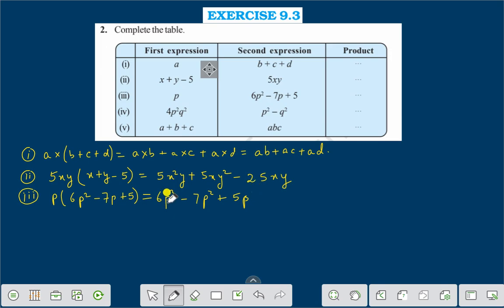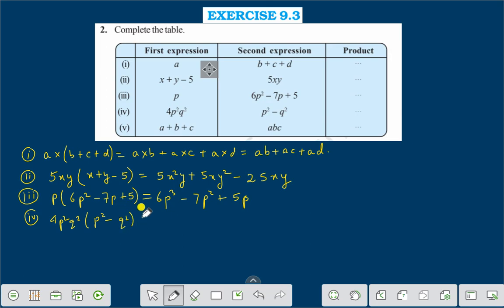We'll solve question number 4. Question number 4 here you see is 4 p square q square into (p square minus q square).